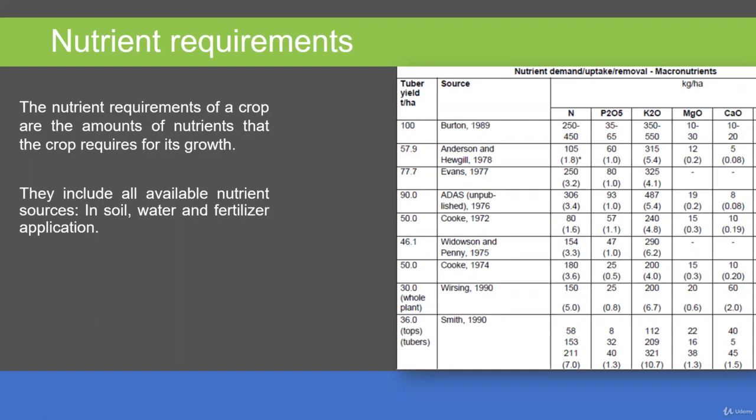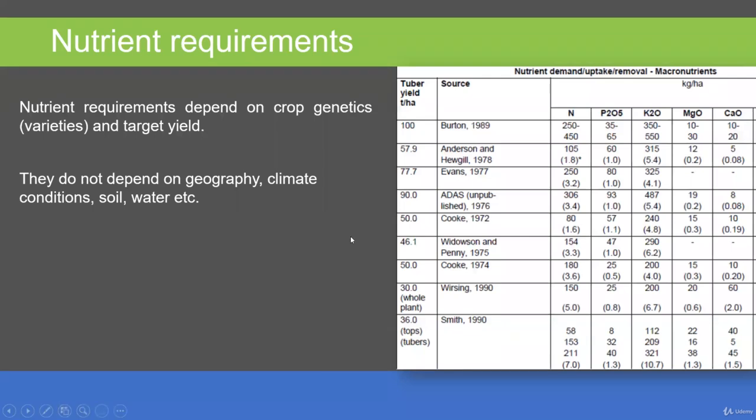So we see there are differences between the others. What we should do with this is build a nutrient uptake curve, or yield response curve.